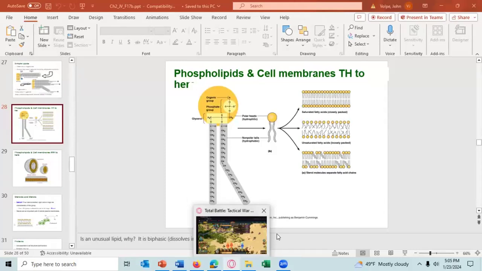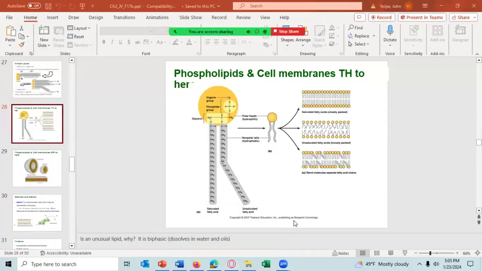All right. We had talked about phospholipids last time, and we mentioned that they are a biphasic molecule, with the phosphate portion being hydrophilic, meaning it likes to dissolve in water, and the tail portion, the fatty acid portion, being hydrophobic and liking to be away from water.